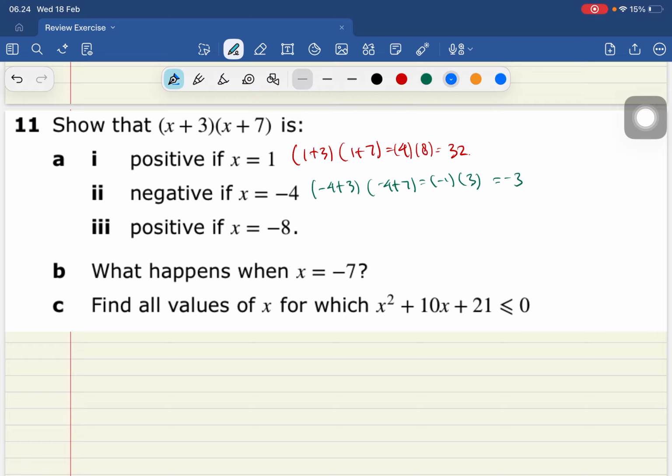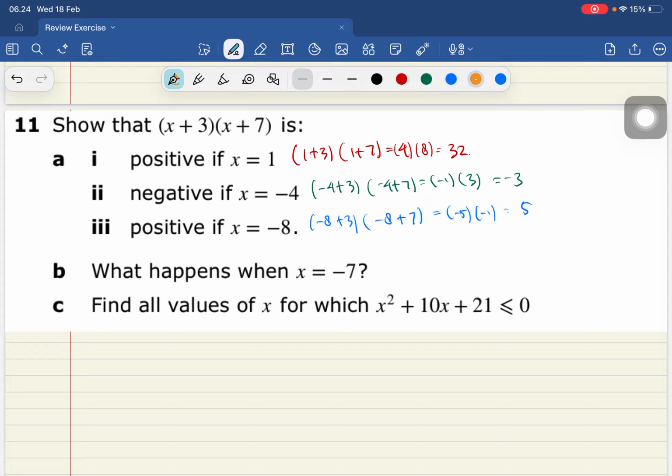Yes, negative. Next, positive if x equal to minus 8. So let's write minus 8 plus 3, and then here is minus 8 plus 7. So it's going to be minus 5. We multiply it by minus 1. Minus multiplied by minus is going to be positive. So yes, it's going to be 5.